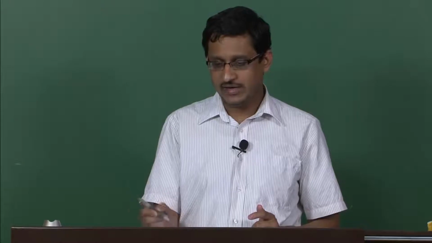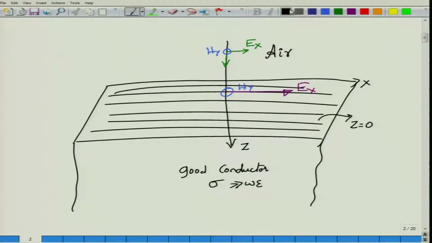And on that conducting surface, the electric field is oriented along the x direction, the magnetic field is oriented along the y direction. The wave has now incident on the conductor. At the surface, we will assume that the amplitude of the electric field is given by E0, and the amplitude of the magnetic field is given by H0.